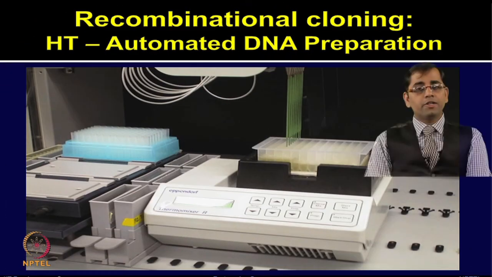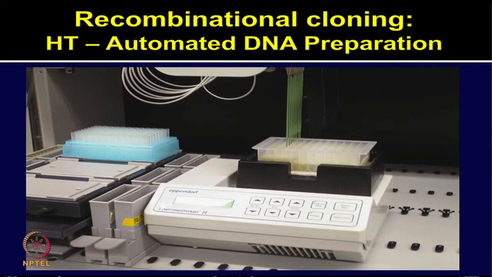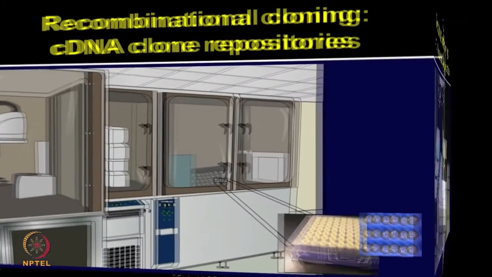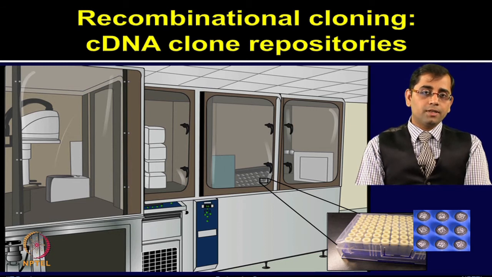At the end, if you want to extract DNA for subsequent applications, high throughput platforms can be used to perform DNA prepping in 96 well plate format. We will discuss these when we talk about protein microarrays in more detail. Here is an image shown to explain the functioning of cDNA clone repositories. The throughput of protein microarray experiments makes sorting these clones tedious.